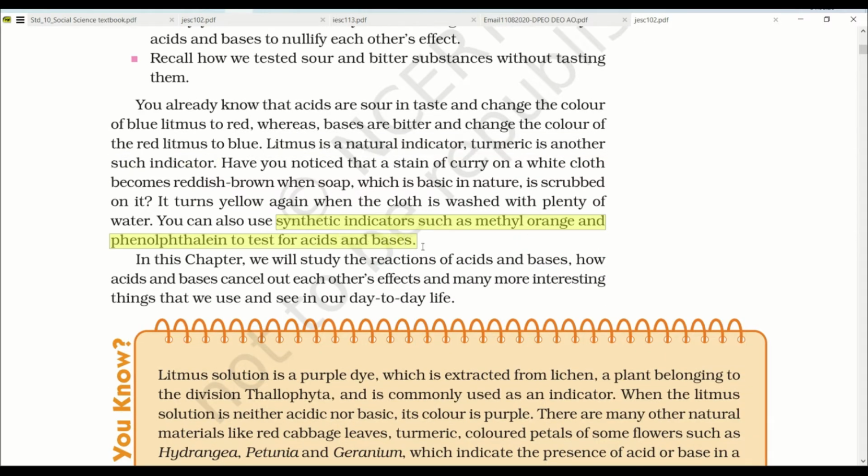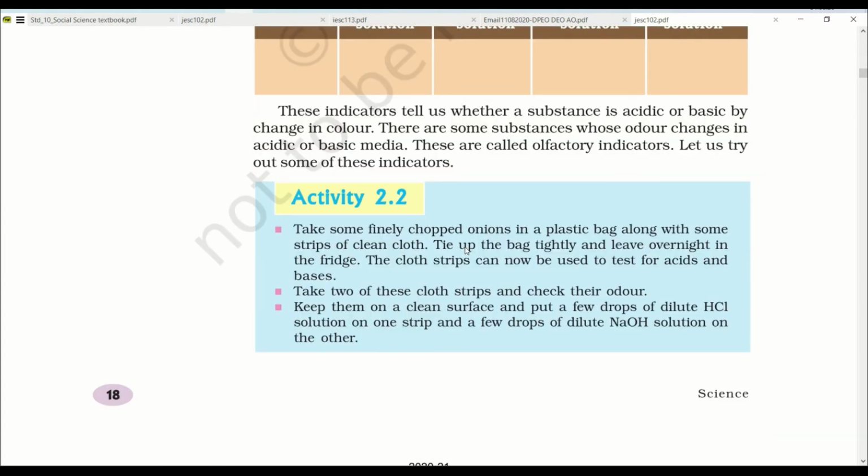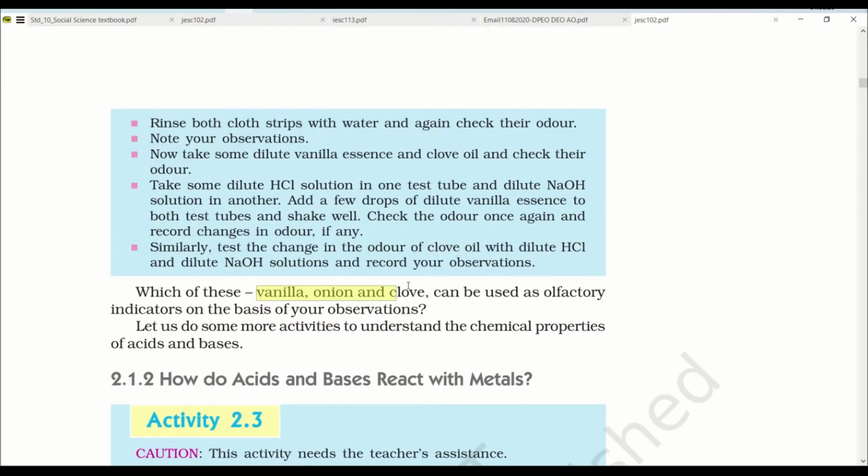While chemical or synthetic indicators, which also detect acid and base according to the change in color, are methyl orange and phenolphthalein. Then there are olfactory indicators. Some substances whose odor changes in acidic or basic media are called olfactory indicators. They are vanilla essence, onion and clove oil.